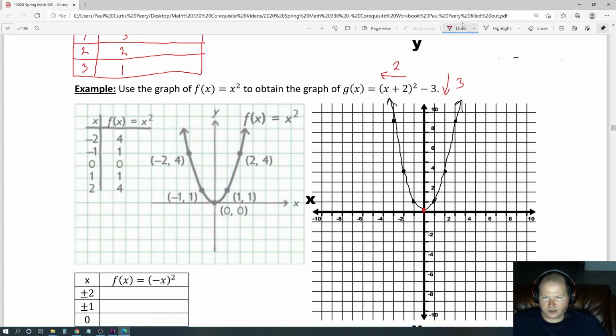Again, 2 to the left and 3 down. 1, 2, 3. 2 to the left, 3 down. 2 to the left, 3 down, 1, 2, 3. 2 to the left, 3 down.